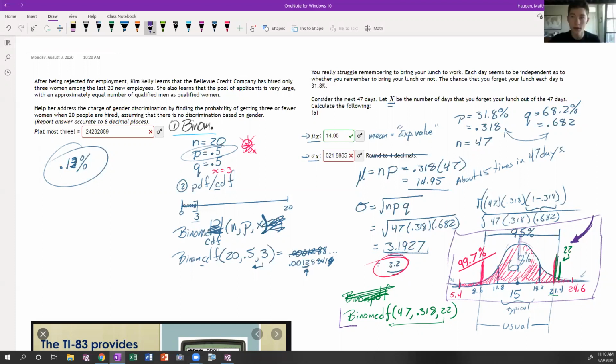Yeah, I think that calculation is right. But I think the question was asking at least as many days as that unusual value. And so we would have to do 1 minus the CDF of 21 or below if we're trying to get 22. Right. So 22 and below would be an at most 22.